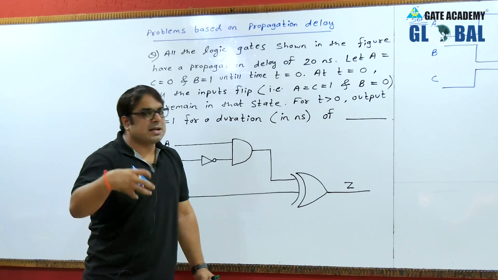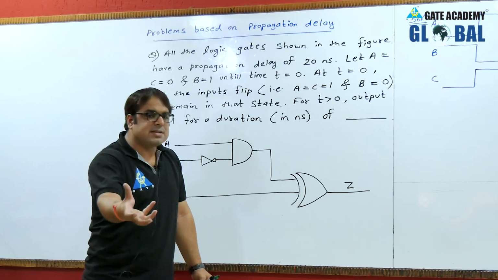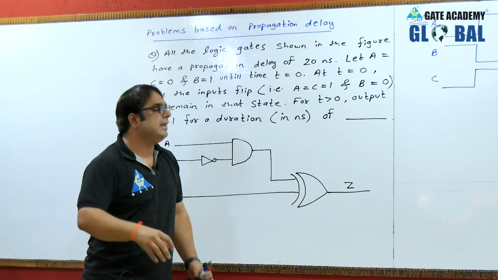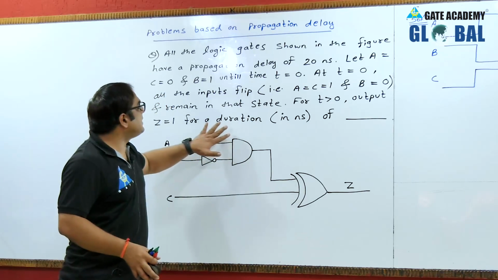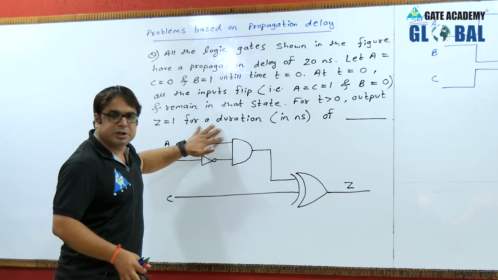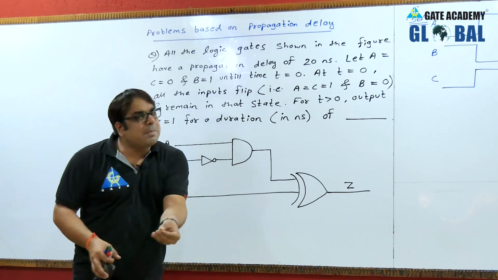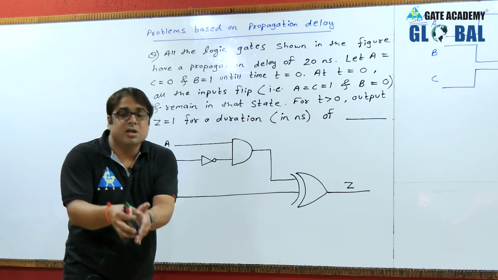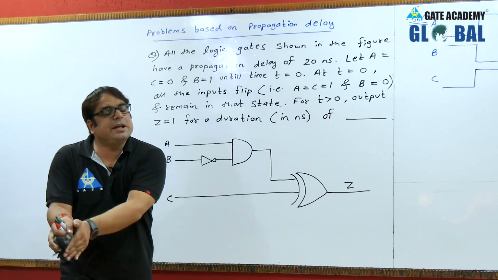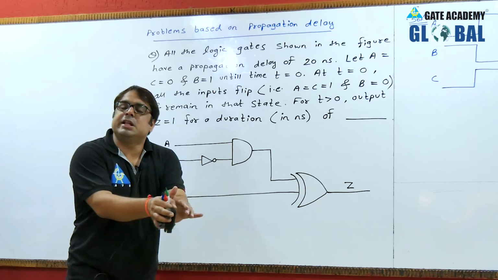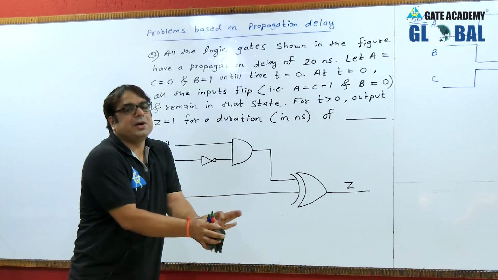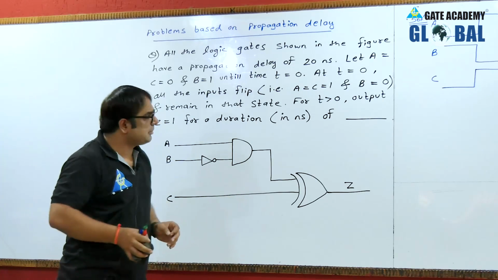I will discuss in detail a lot of things about this. First we will solve this particular question, and then with the help of some examples we will come back to our discussion on worst case propagation delay or propagation delay for some particular input conditions.